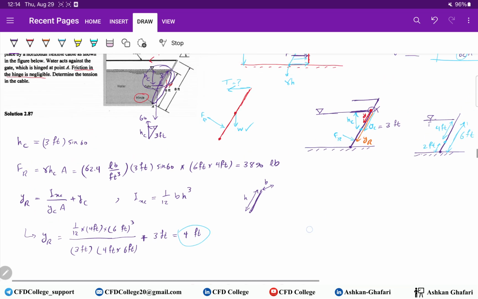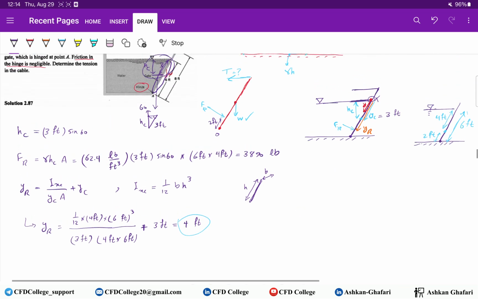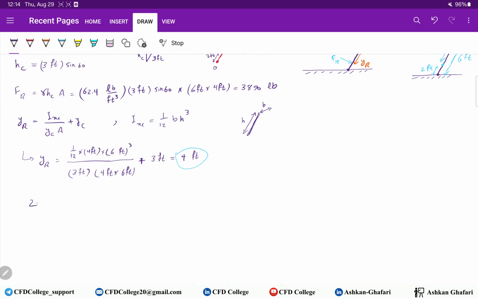So now we know that here is 2 feet. And this is the hinge. Now we have to use the equilibrium. We know that the summation of the moments of these forces, T, W, and FR, should be 0 over the hinge.